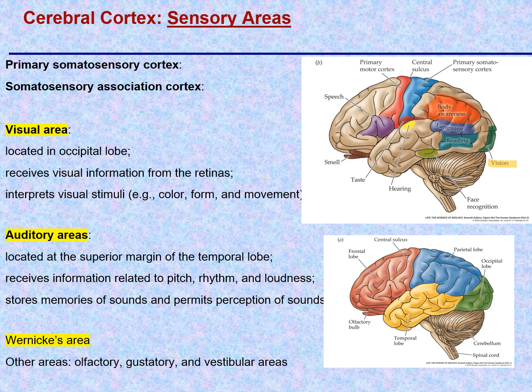It's receiving visual information coming in from sensory neurons that respond to light. So those are in the retina of the eyes. And this is the area that interprets that visual sensory stimuli in terms of color, form, and movement, etc. And we have an auditory area, we have Wernicke's area, and I'm not going to get into that. But there's information here if you're interested.